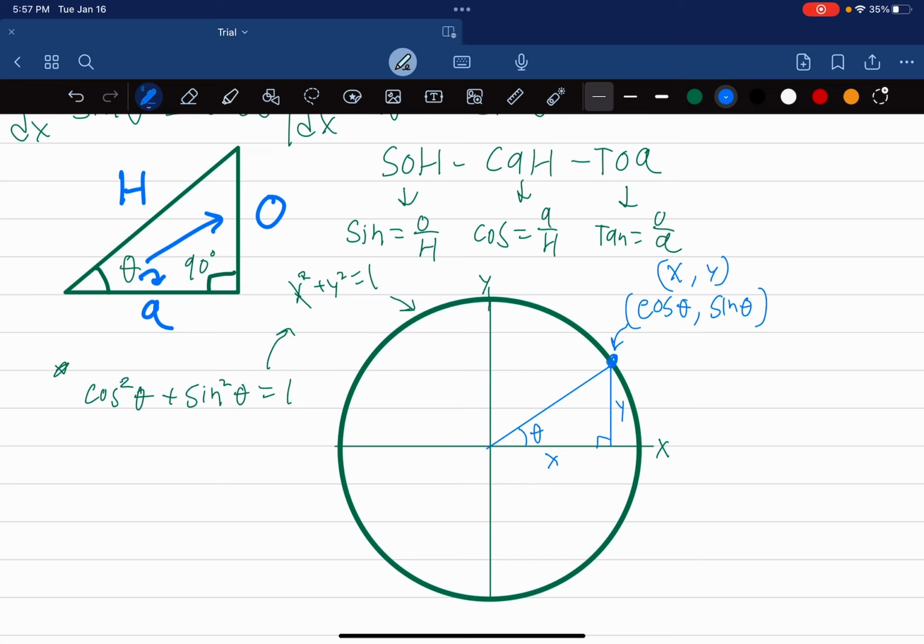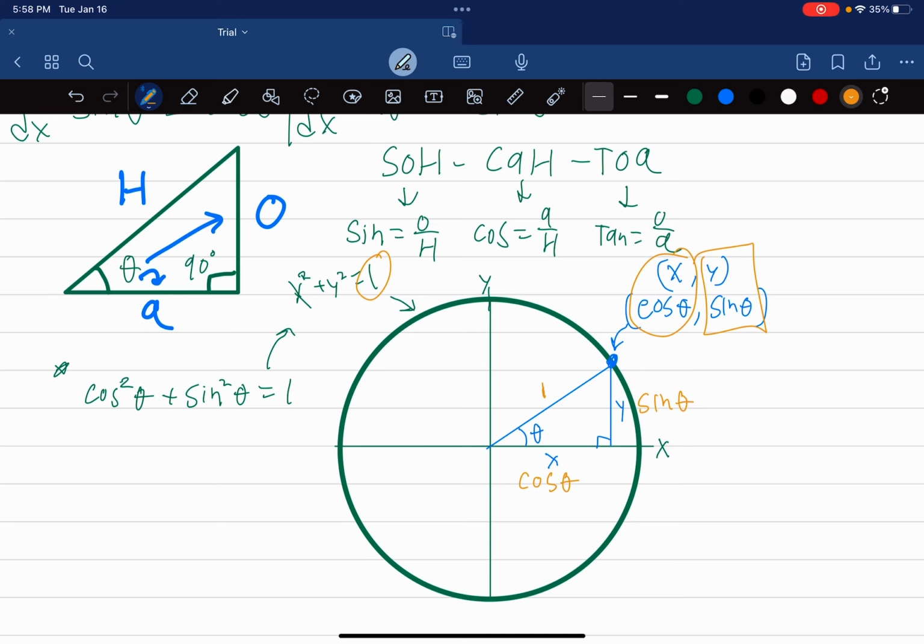And it's saying that this x direction is related to cosine. This y direction is related to sine, right? Because of this formula over here, you know that the hypotenuse is 1. The hypotenuse is going to change. It's not always going to be 1 in your actual math, but for the unit circle, it's always 1.